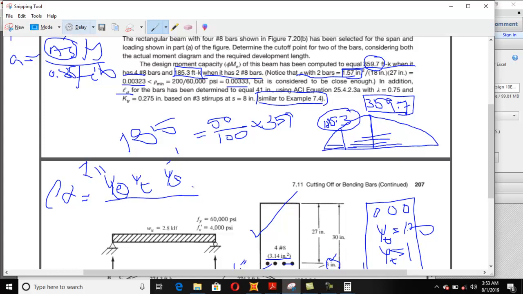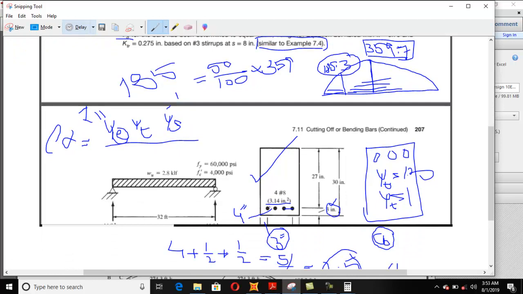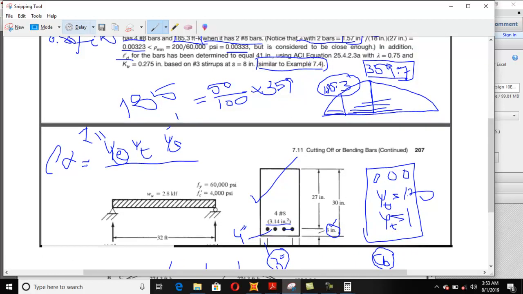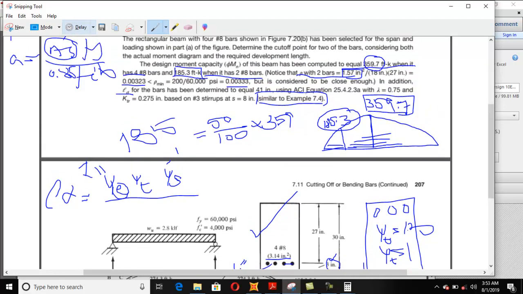You need to calculate Ktr, Atr, and the spacing is given in this 7.4 example. The stirrup spacing is given, that is equal to 8 inches, and number 3 is given. So number 3 stirrups at the rate of 8 inches, so your Atr will be this one, 0.22.